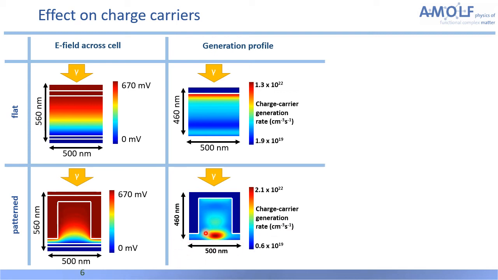And what this basically leads to is that most of your carriers are generated here, and if you now think of those electrons and holes individually, starting with the holes, the hole only has to go all the way down here to reach the gold contact, and the electrons in principle would have to go all the way up here to reach the ITO.